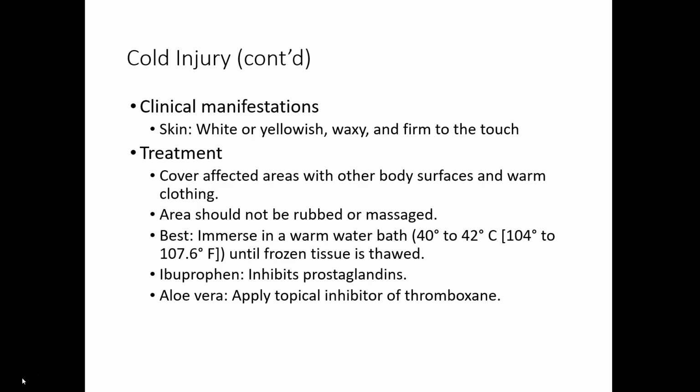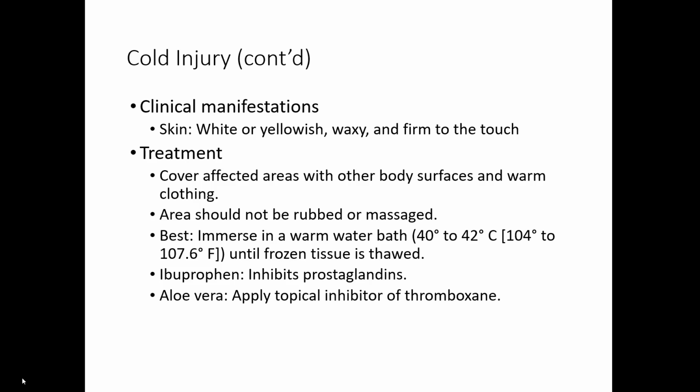Best treatment is immersion in a warm water bath at 40 to 42 degrees Celsius, which is equivalent to 104 to 107.6 degrees Fahrenheit, until that frozen tissue is thawed. The use of ibuprofen is warranted because it inhibits prostaglandins.